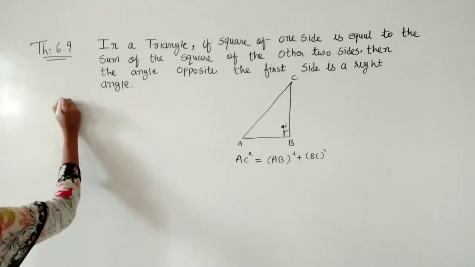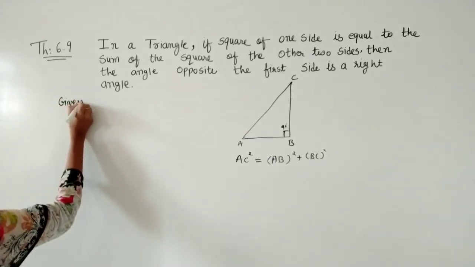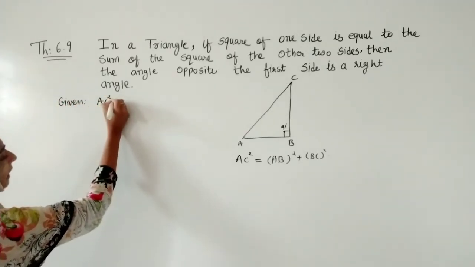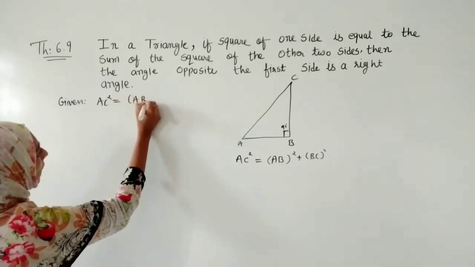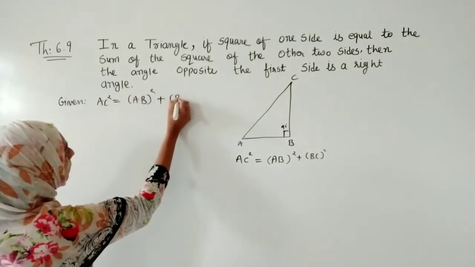So here let me write our given. What is given? Given is AC square equals AB square plus BC square.